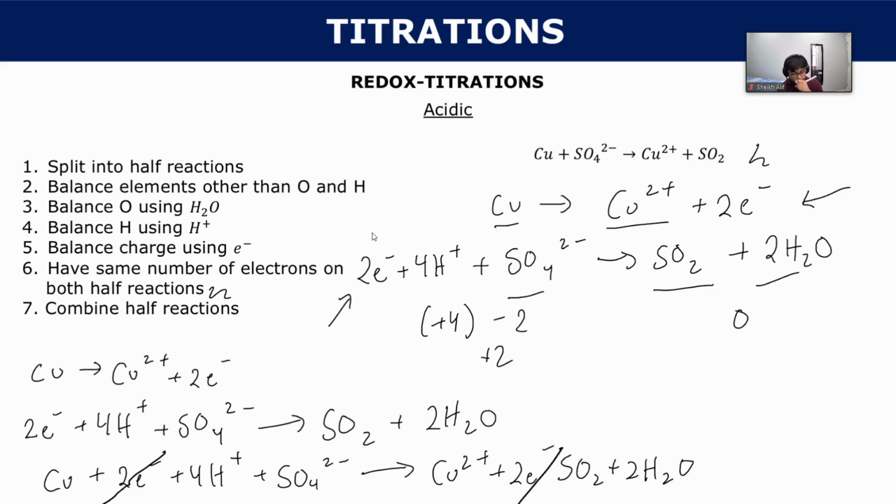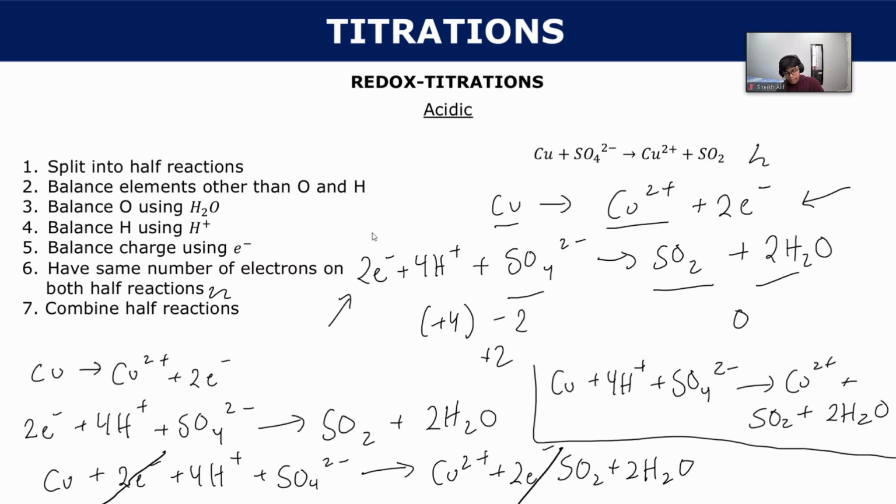So our final balanced equation is going to be copper plus 4H+ plus SO4 2- produces copper 2+, it's going to be so crammed, SO2 plus 2H2O. And that is how to balance a redox reaction in an acidic medium.